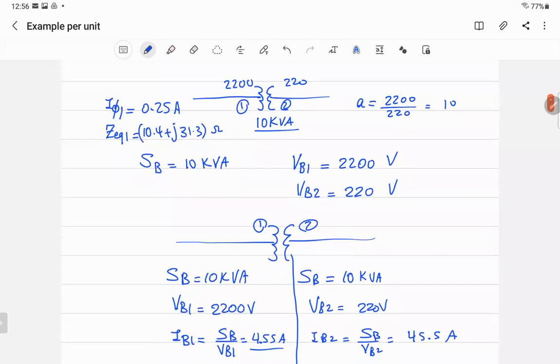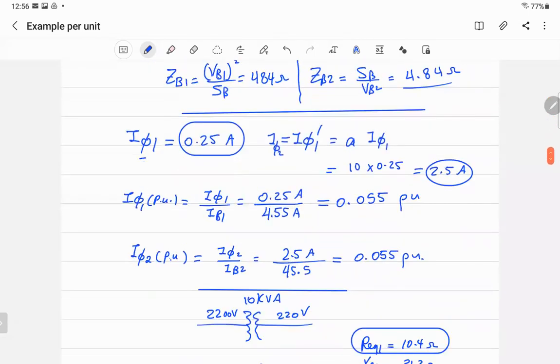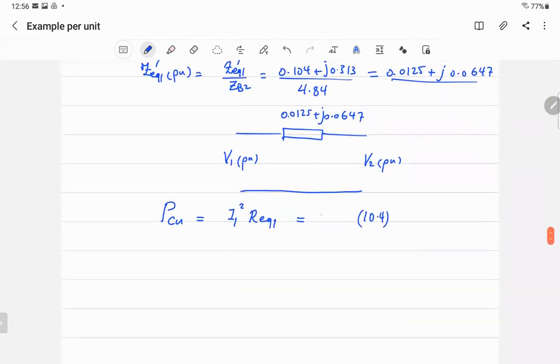That's the full load, 10 kVA, and the voltage 2200, and the current base is equal to 4.55. That's the base, that's the rated value, that's the full load. So it's by accident the same base, 4.55. And then you calculate, and you get the copper loss would be 215 watts.